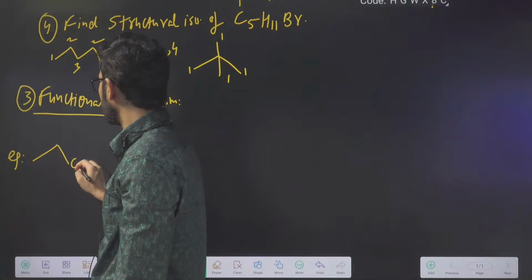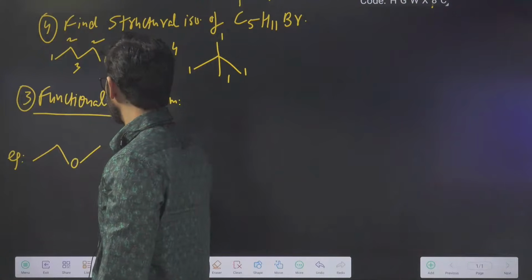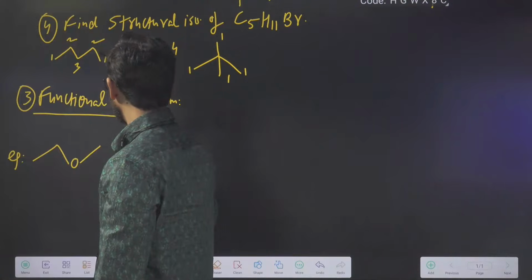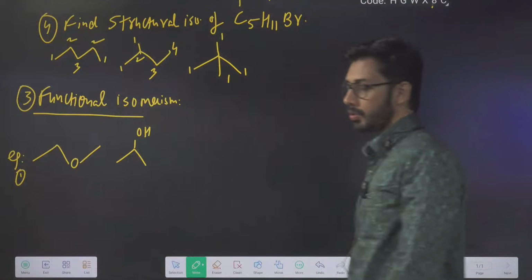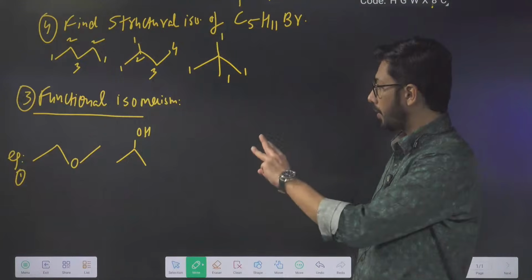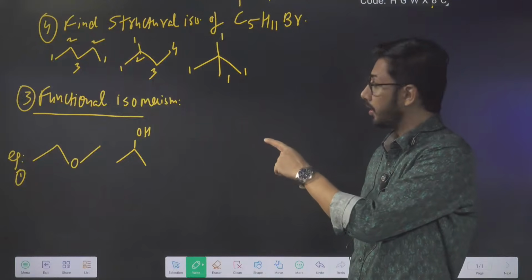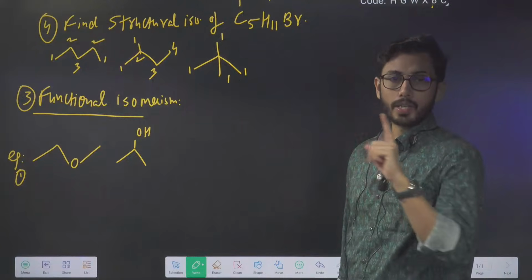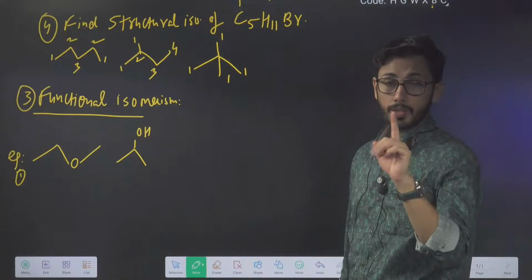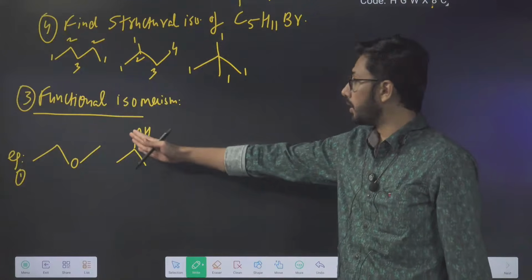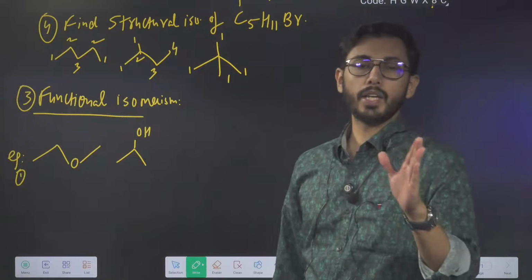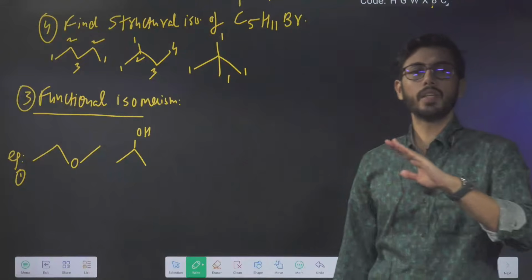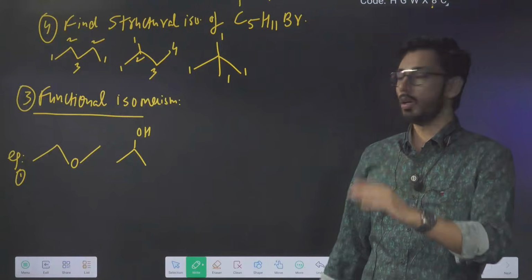Example, these two compounds, they have same molecular formula, 3 carbon, 3 carbon, 1 oxygen, 1 oxygen. Degree of unsaturation is 0, here also 0. Means they have same number of hydrogen also. So finally both have same formula, but one is ether, other is alcohol.